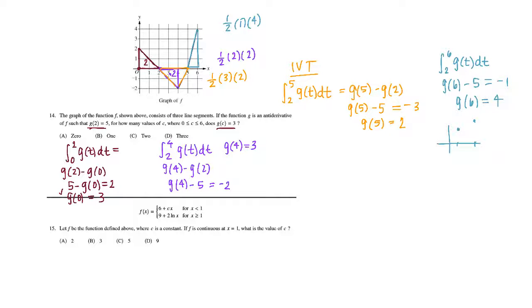And so if we have a continuous function, then this is saying that, hey, if I have all of these y values and x values present, then there has to be a c value somewhere between 5 and 6, so that G at that c value is somewhere between 2 and 4. And so that's going to be our third and final value. So this is going to be answer choice D.